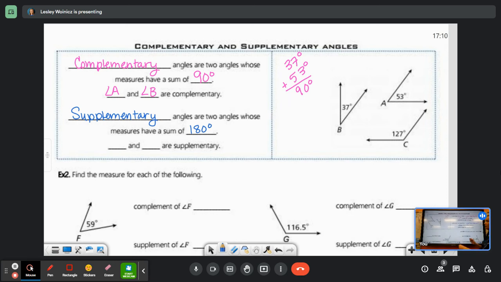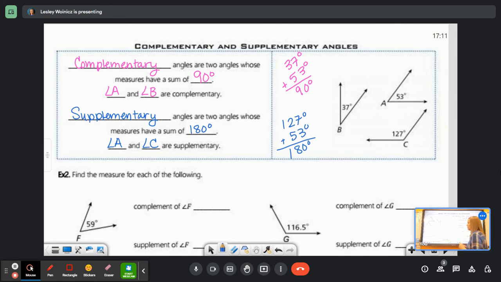If I look at my little batch of angles, I can see that 127 degrees plus 53 degrees gives me 180 degrees. So I know that angle A and angle C are supplementary. Again, they don't have to be touching each other. They can be floating around.